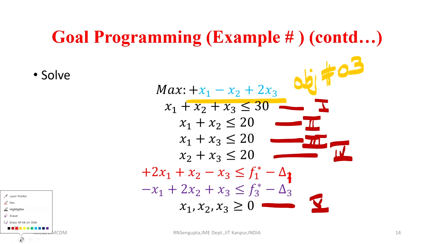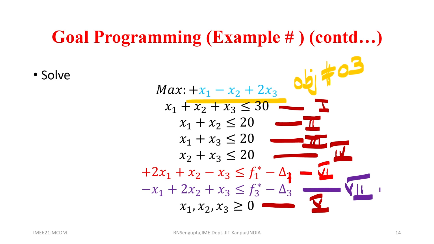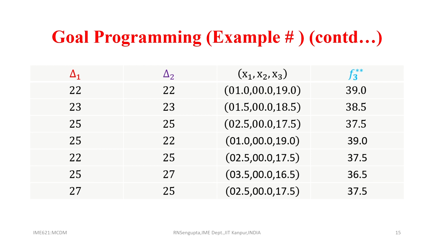So, this is the sixth one, and this violet one is the seventh one. So, with this I solve the problem. Again I take lambda 1, lambda 2 as the part to be subtracted from f1 star and f2 star.